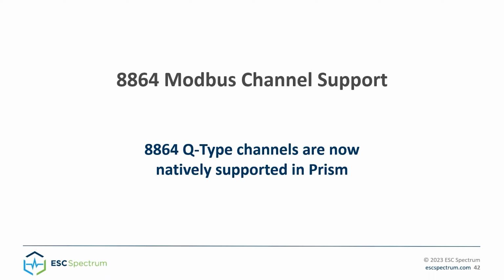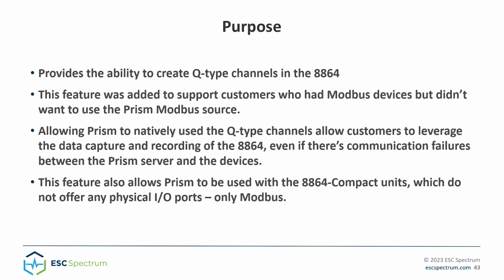We have 8864 Modbus channel support, Q-type channels. Q-type channels are 8864 channels that are designed to talk to Modbus sources. Prism can communicate with these channels, but up until recently, we had no way to configure them. So this provides the ability to create Q-type channels in the 8864 configuration.